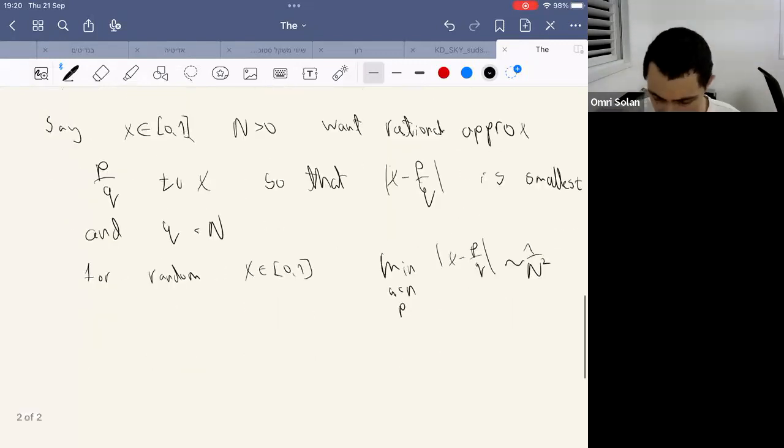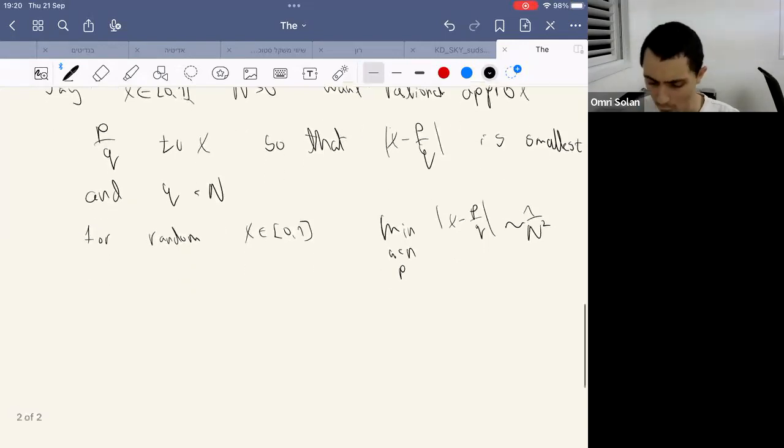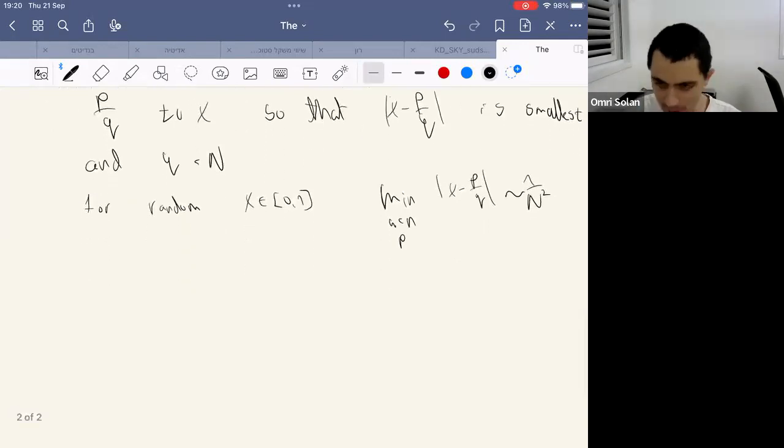That's our beginning, and I want to state a few theorems, two quite old theorems on this minimum.